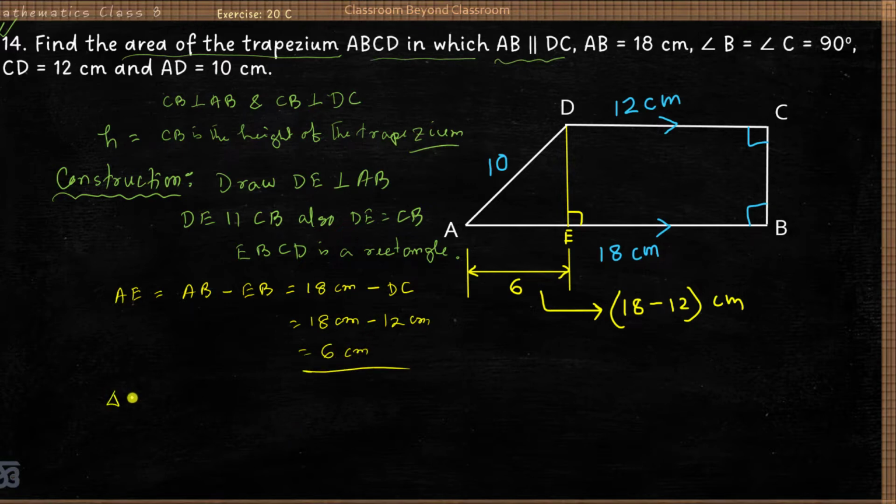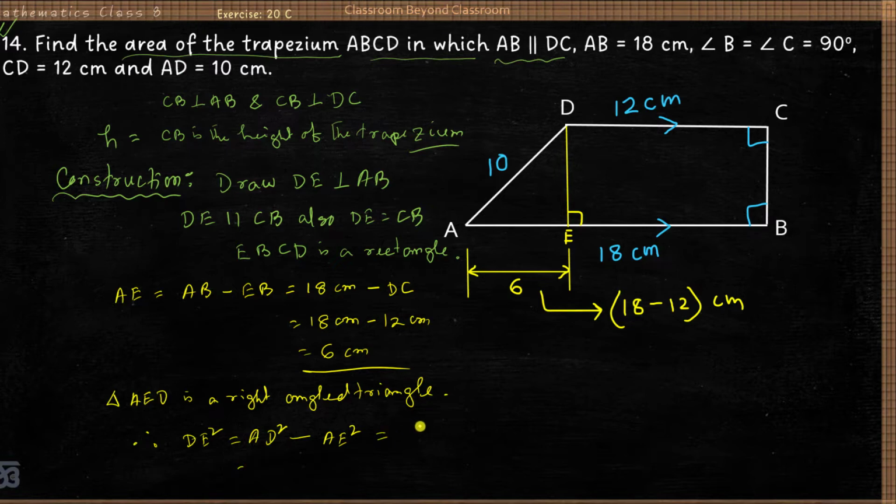And you see triangle AED is a right angle triangle. Therefore DE square is equal to AD square, this is the hypotenuse, minus AE square, the base of the right angle triangle.